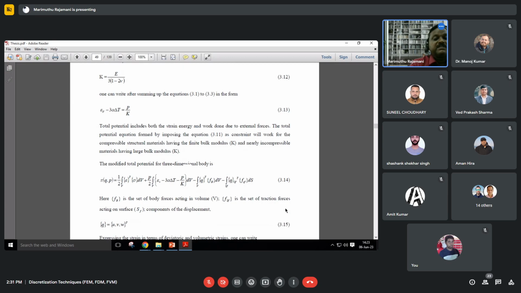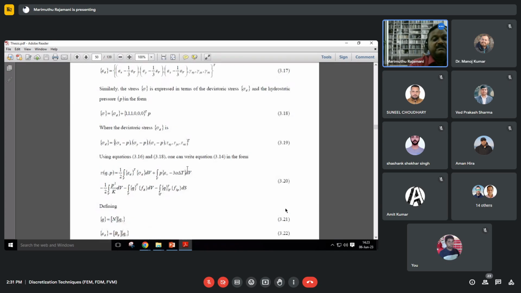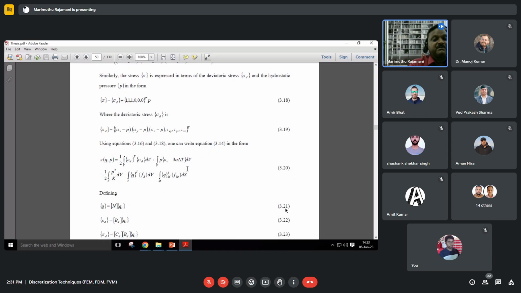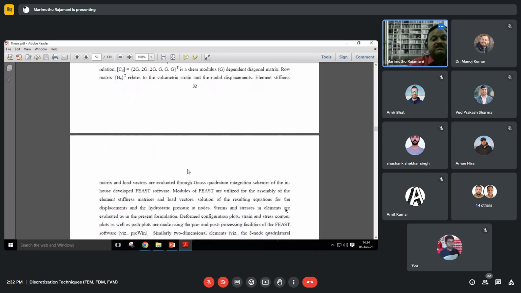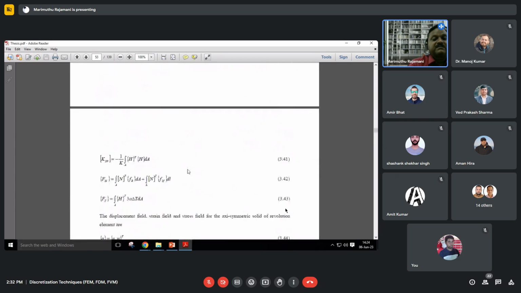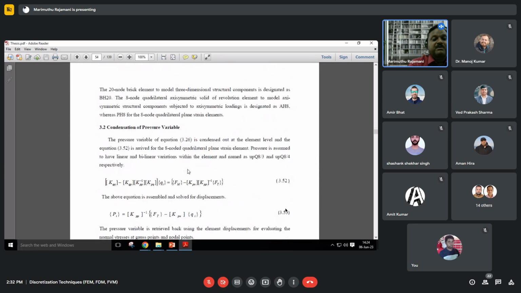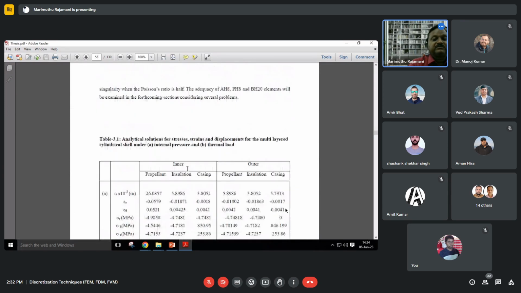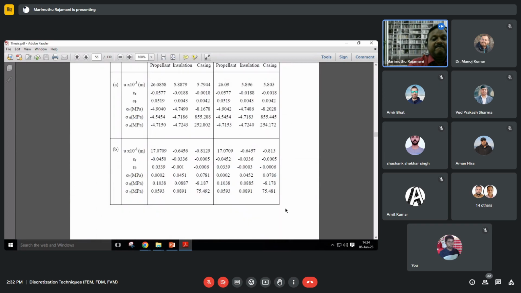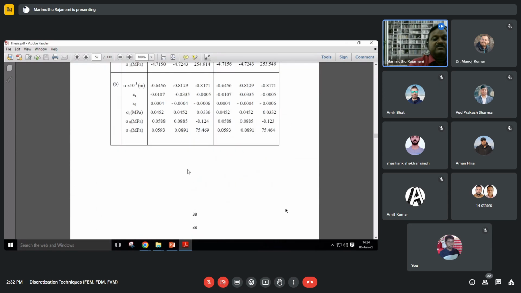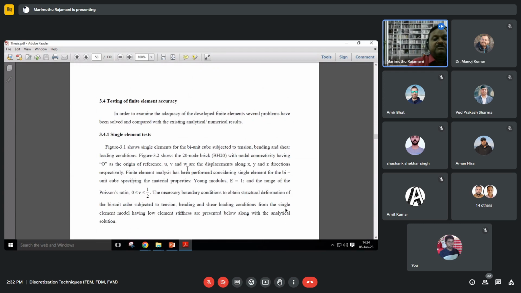Using this method, we have developed plane strain, axisymmetric and three-dimensional elements. And this element has been well tested with literature problems. I'll show you some of the results.